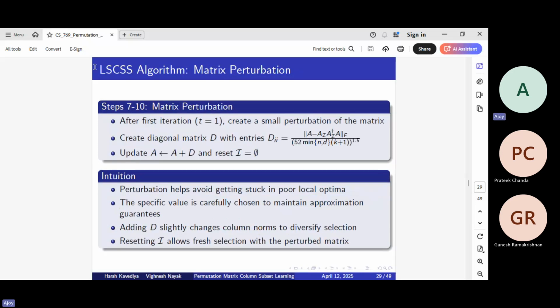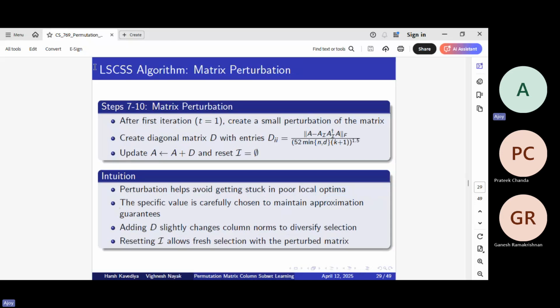Also, in the first iteration, a diagonal matrix has been added in the paper to enforce perturbations in the original matrix. This ensures that the optimization does not get stuck in a local minimum, and they proposed this diagonal matrix which worked for them.